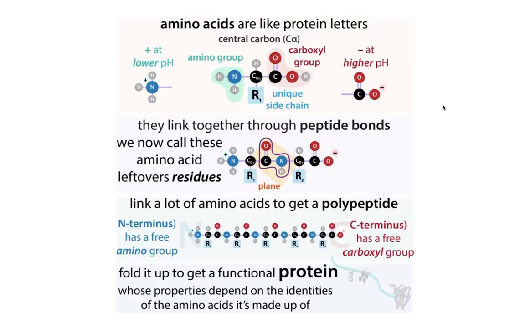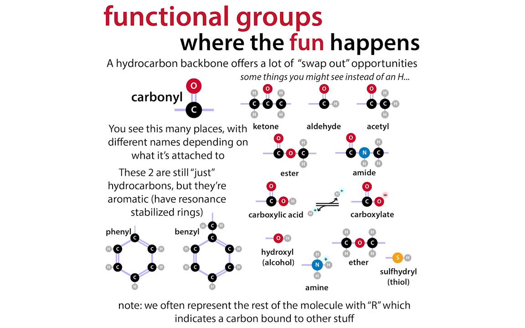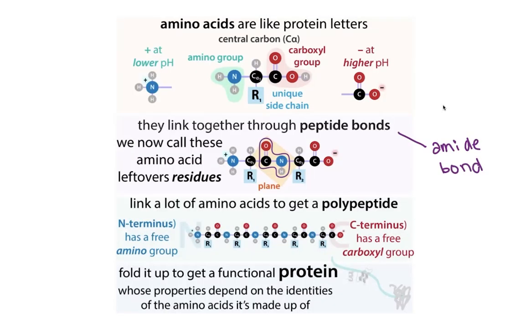So the peptide bond, it's an amide bond, but it's in a peptide. So it's in connected amino acids. You have a carbonyl carbon attached to an oxygen, and this is going to be attached to your amino group. If you have two amino acids join up through a single amide bond, through a single peptide bond, this is going to be an example of a dipeptide. Now, if you had three link up through two peptide bonds, that would be a tripeptide.